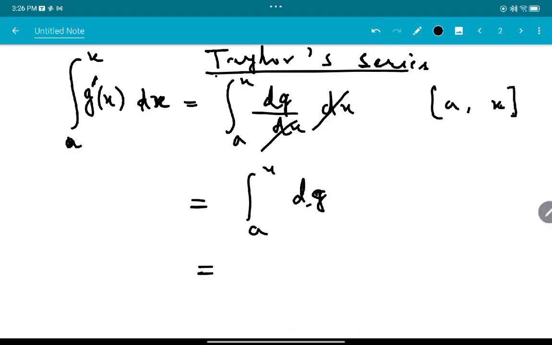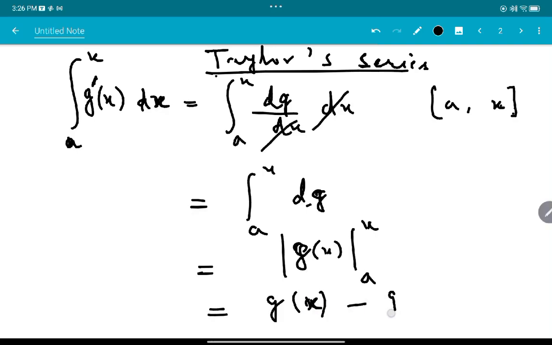Now you know the integral of dg is g, so this is g(x) evaluated between the limits a and x. So we have g(x) minus g(a). This is called the fundamental theorem of calculus. According to the fundamental theorem of calculus, the definite integral from a to x of g dash x is equal to g evaluated at the two points, first x, then a.